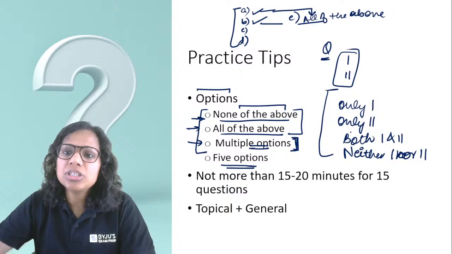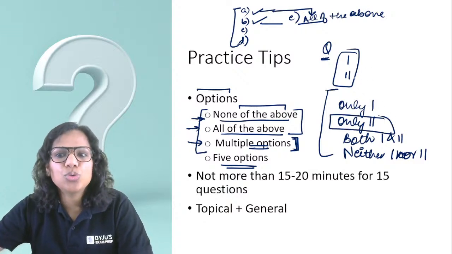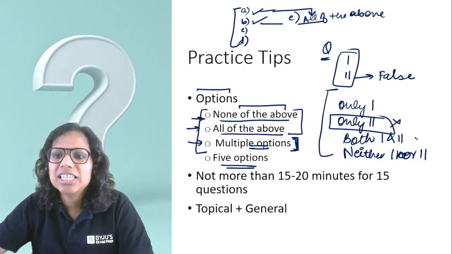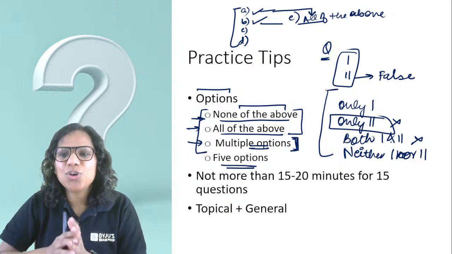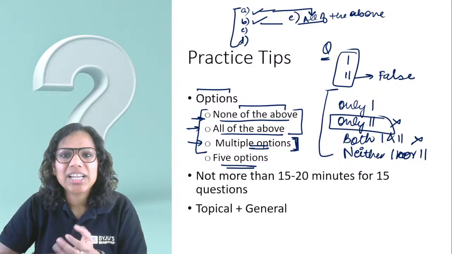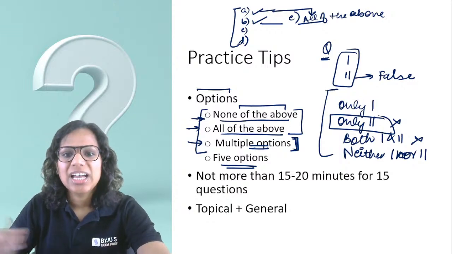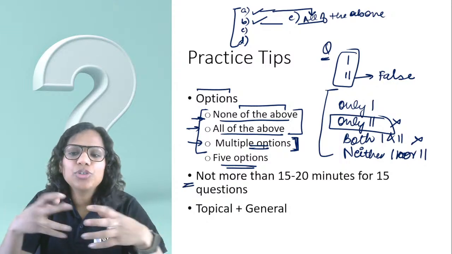With multiple options, use elimination, right? So if you think that 2 cannot be true, 2 is not true as per the passage, in fact, it's false as per the passage, that means these 2 options go right out of the window. So make use of only 2, both 1 and 2, etc. Make use of these options, eliminate using them. Right. Then for 15, I have given you an average here.